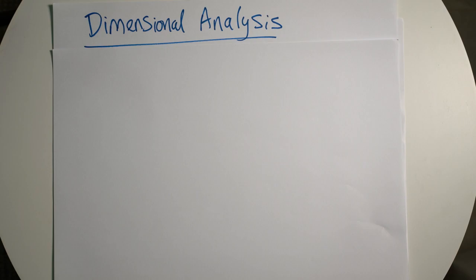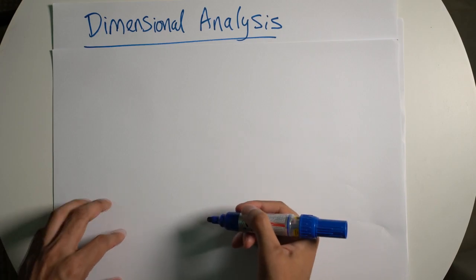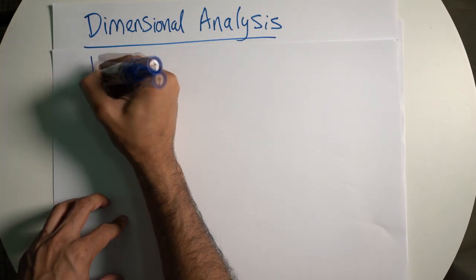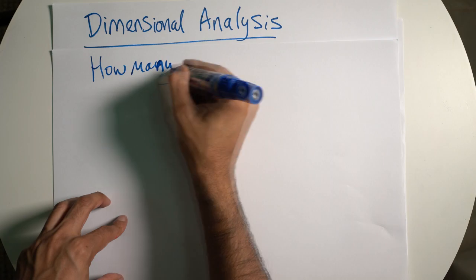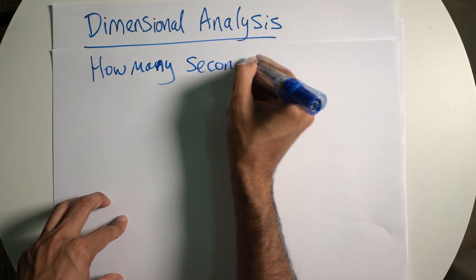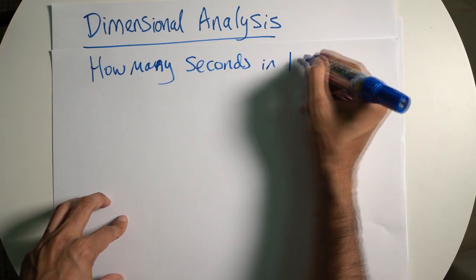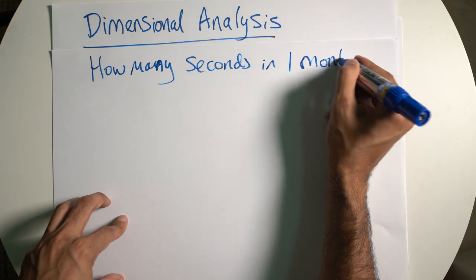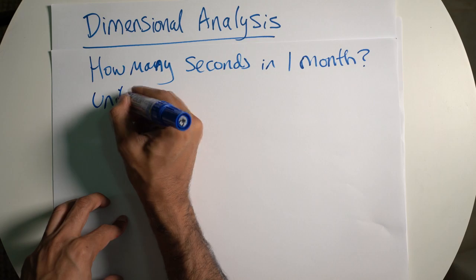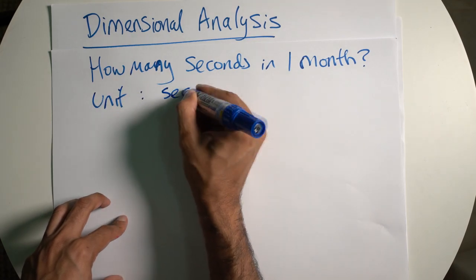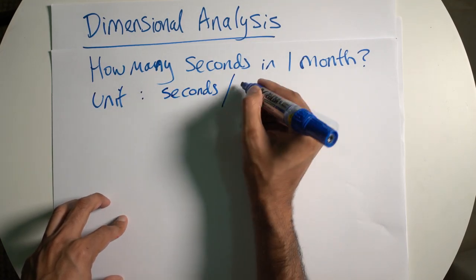Let's look at another example which involves 4 conversion factors. Okay, so let's say, how many seconds in 1 month? Okay, so the unit that we want is going to be seconds per month.